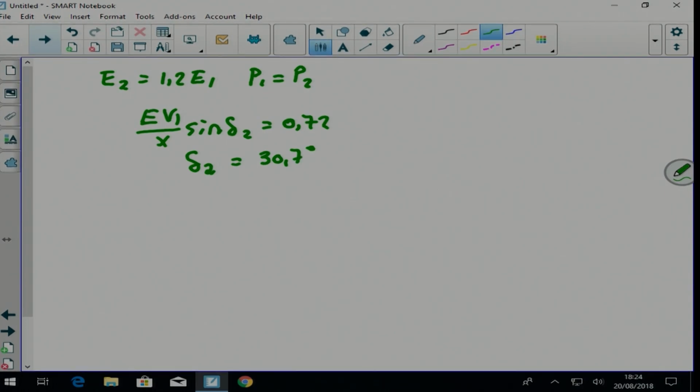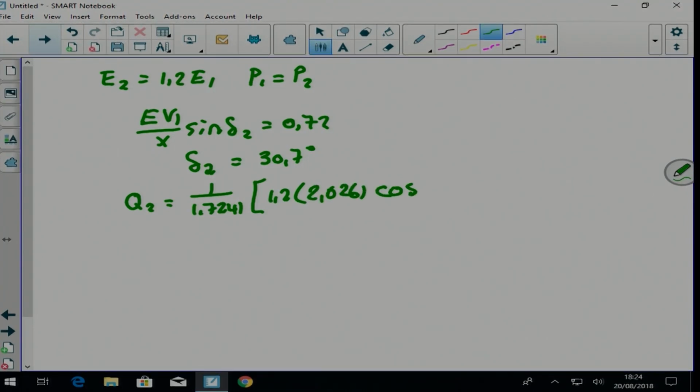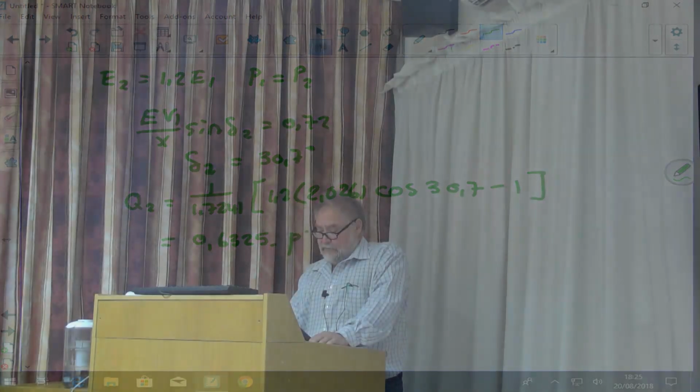And now we can calculate Q2, which is 1 over 1,7241, 1,2 times 2,0261 cos of 30,7 minus 1, and that gives us 0,6325 per unit.